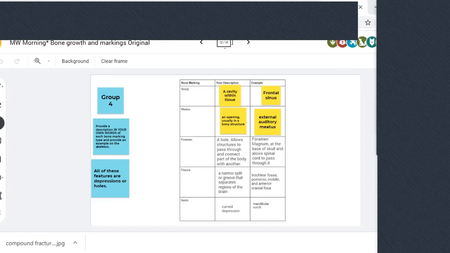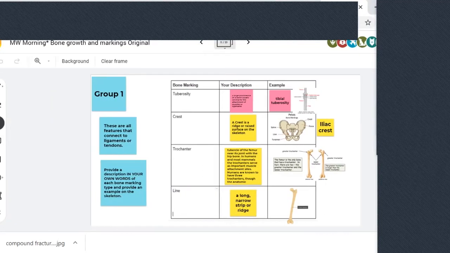I'll give you some notes on these as we go through. A tuberosity, as you put here, is a large prominence. It's rounded and it tends to be kind of rough. So the example there is the tibial tuberosity.